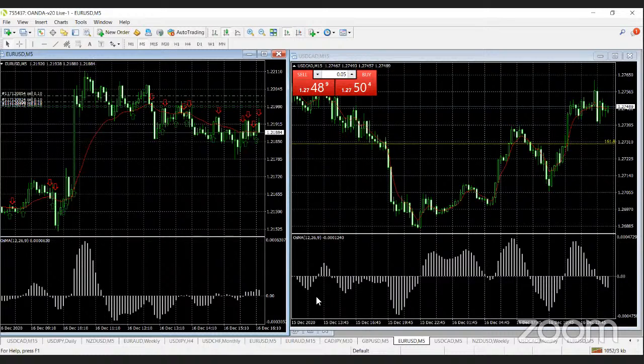Steve, I got your question as well. And yes, correct. When I see some major fibs getting hit, I will typically consider a counter trend trade in that scenario. Counter trend trades can be very, very dangerous.